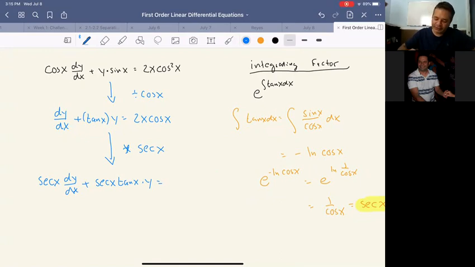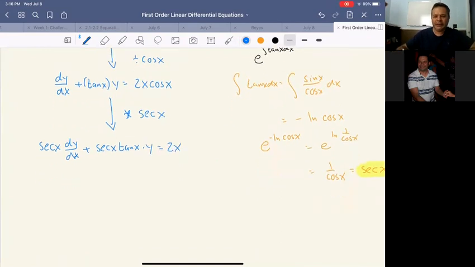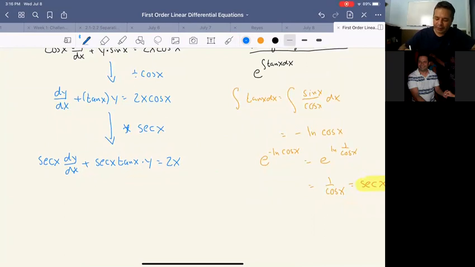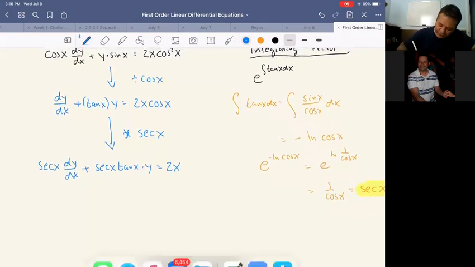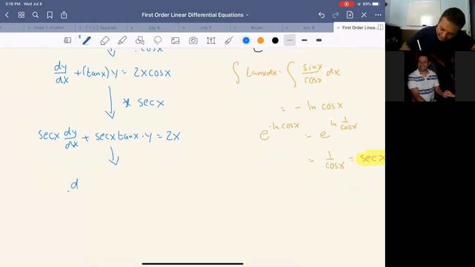Since we already have only one cosine, we're just left with 2x. That's awesome.